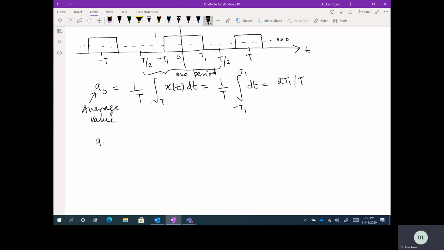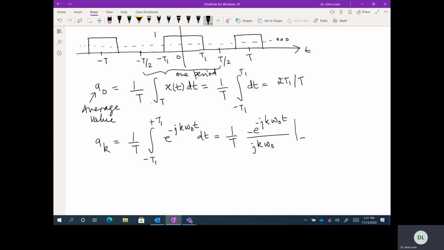Okay, and what about ak? ak is 1 over T, again integrating from minus t1 to plus t1, because it's otherwise 0, where x of t is 1. I have e to the minus j k omega naught t dt, and this is easy to evaluate. This is minus e to the minus j k omega naught t divided by j k omega naught, evaluated from minus t1 to plus t1.